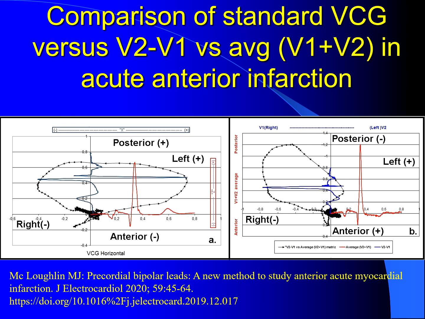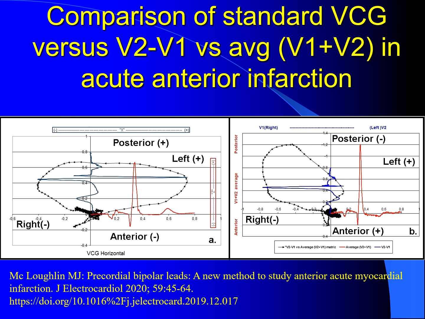In panel B, it can be seen what we call the beaten apple sign, which consists in a concavity to the right of the initial part of the loop.